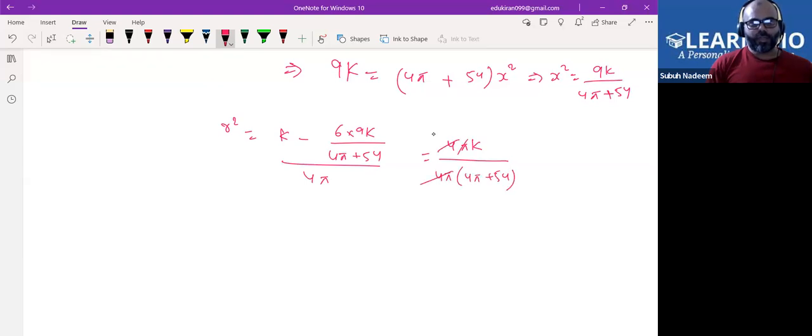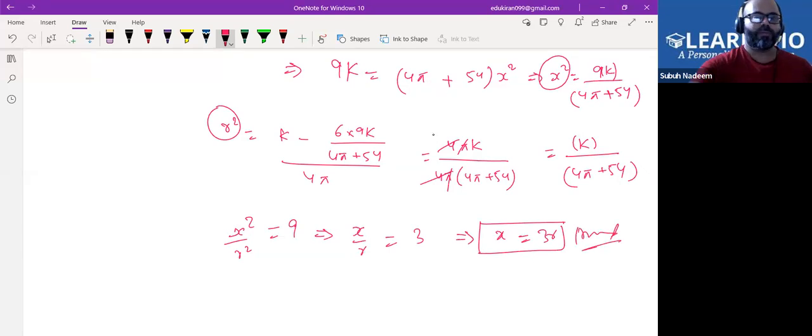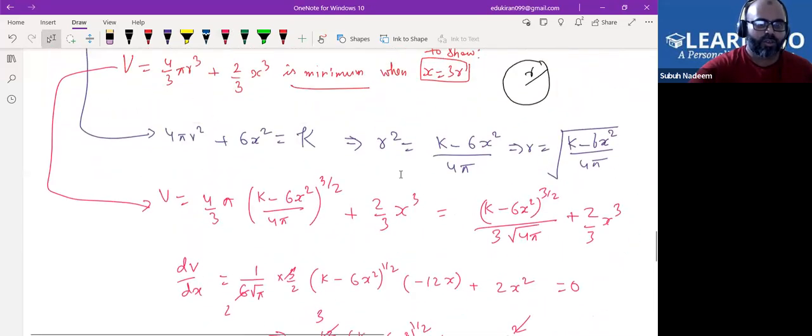This will cancel, and you will get k by (4 pi plus 54). So this is r square and this is x square. Let us take the ratio of x square by r square. The 4 pi plus 54 will cancel, k will cancel, only 9 will remain. So x by r is equal to 3, so x is equal to 3r. Proved. This is what we had to prove. We proved it. Now you can write it down.